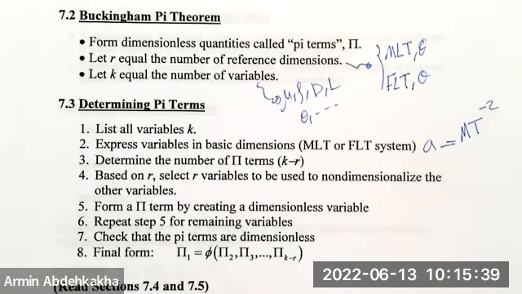Then you have to determine the number of pi terms. Based on the Buckingham pi theorem, the number of pi terms would be k minus r: listed variables minus the main dimensions, right? k minus r tells you how many of those non-dimensional parameters, or groups, you will have.